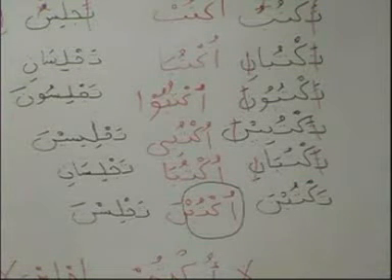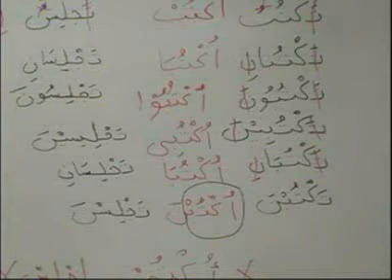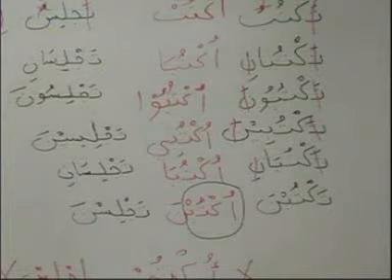Fine. How will you describe the next one? Uktuba fi'lu amrin mabniun ala hazfi noon, al-fa'ilu al-alif. You will say alif al-musanna. Al-fa'ilu alifu musanna.